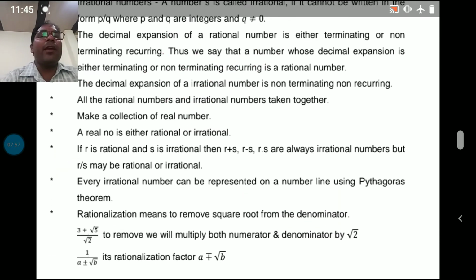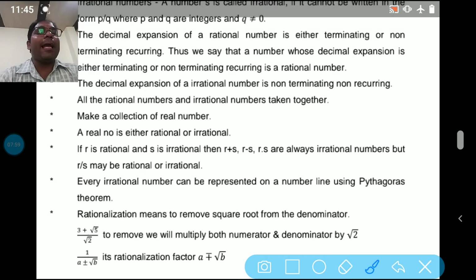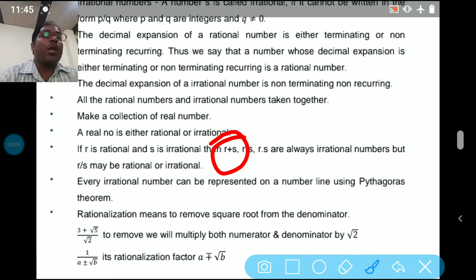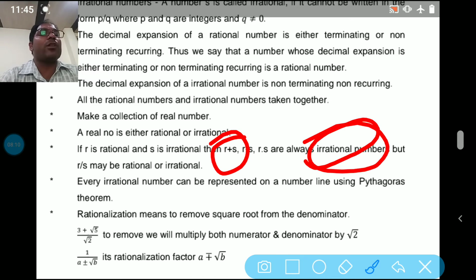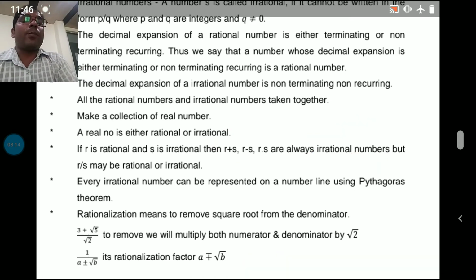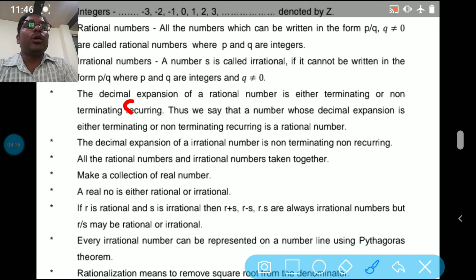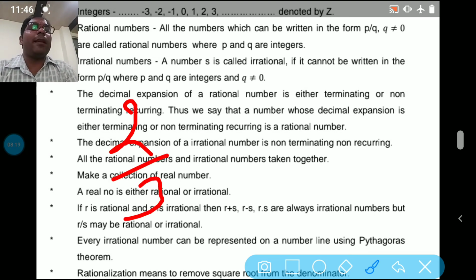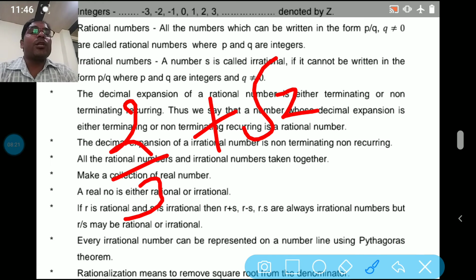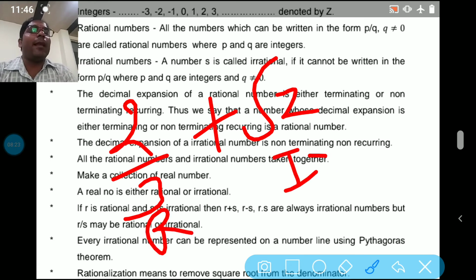Next one, if r is rational and s is irrational, two numbers, rational and irrational, and we are adding or subtracting, the answer will always be an irrational number. It will always remain an irrational number. Suppose we are adding 2, a rational number, or 2 upon 3, a rational number, plus root 2. This is a rational number and this is an irrational number.